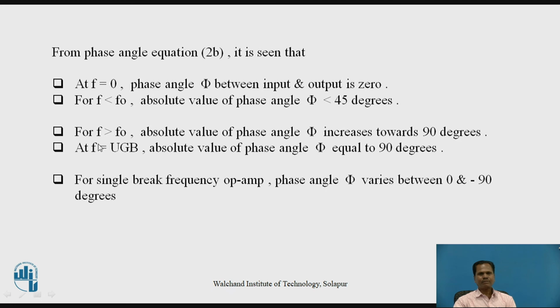For input signal frequency greater than the break frequency FO, the absolute value of the phase shift between input and output signal of the operational amplifier increases towards 90 degrees. At frequency f equal to UGB, the absolute value of the phase angle is equal to 90 degrees. For a single break frequency operational amplifier, the phase shift between input and output signal varies between 0 and minus 90 degrees.